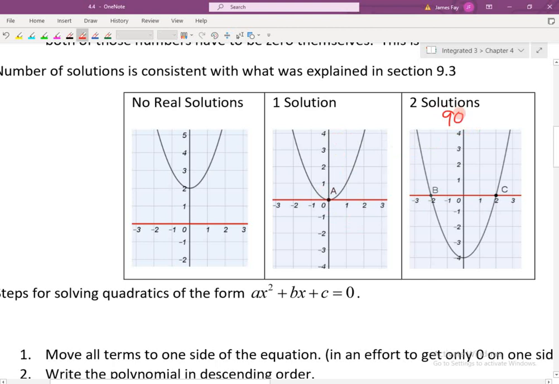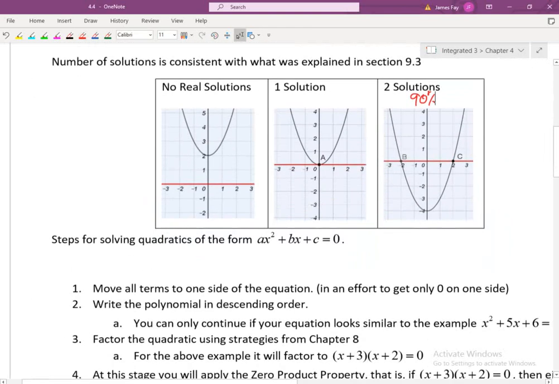I would say at least 90% of your problems are going to be there, then maybe 6 to 8% there, and 4 to 6% would be here. Most of our problems are going to be this situation, two solutions.